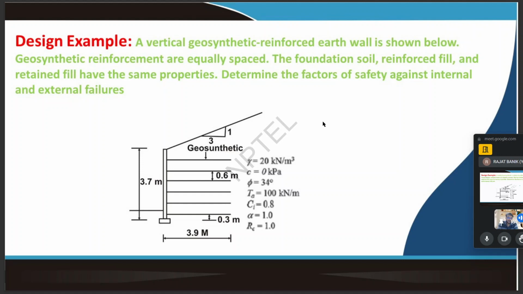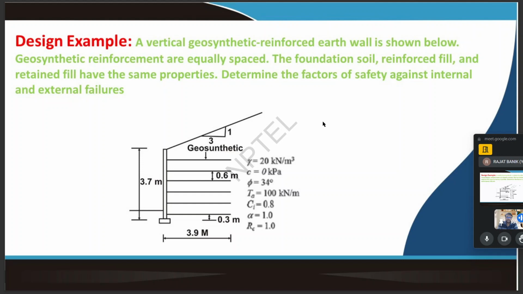The unit weight gamma is given as 20 kilonewton per meter cube. The friction coefficient is given 0.5. The internal friction angle is given 34 degrees. The allowable tensile strength is given 100 kilonewton per meter. Cohesion in the reinforced soil is given, CI is given 0.8, alpha is given 1.0, RC is given 1.0.